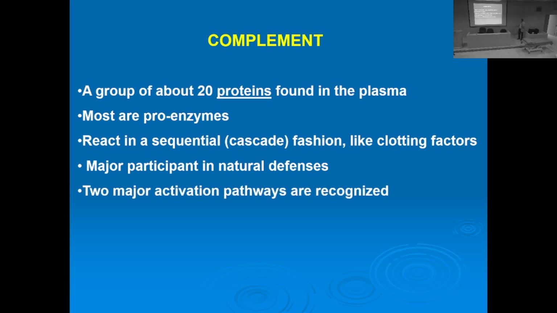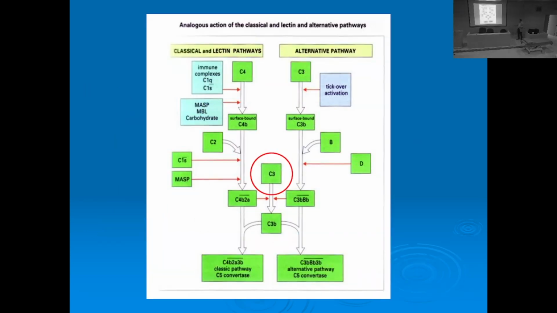Two major activation pathways are recognized. One we call the classical pathway, and one we call the alternative pathway. And I will show you these different pathways. So the classical pathway is approximately the same as the lectin pathway, which is more recently described. Both of them use the same sequence mainly.